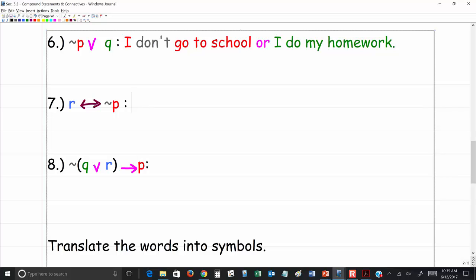And then number 7, I eat pizza if and only if I don't go to school.